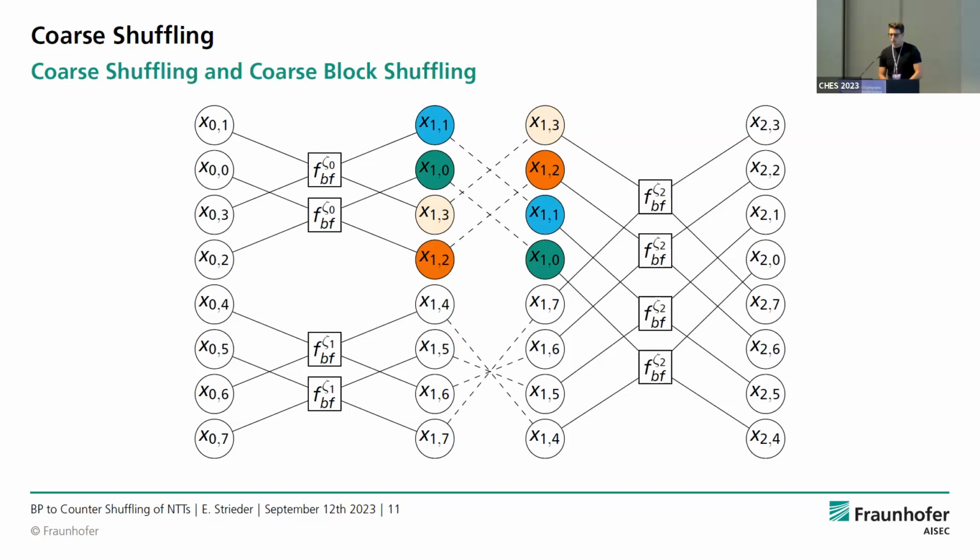To attack coarse shuffling, we had to extend our attacker model. That's indicated here by this split in the layers. We are now assuming not only leakage of the load operation, but also leakage of the store operation. How realistic that is, you have to test with experiments on your microcontroller.